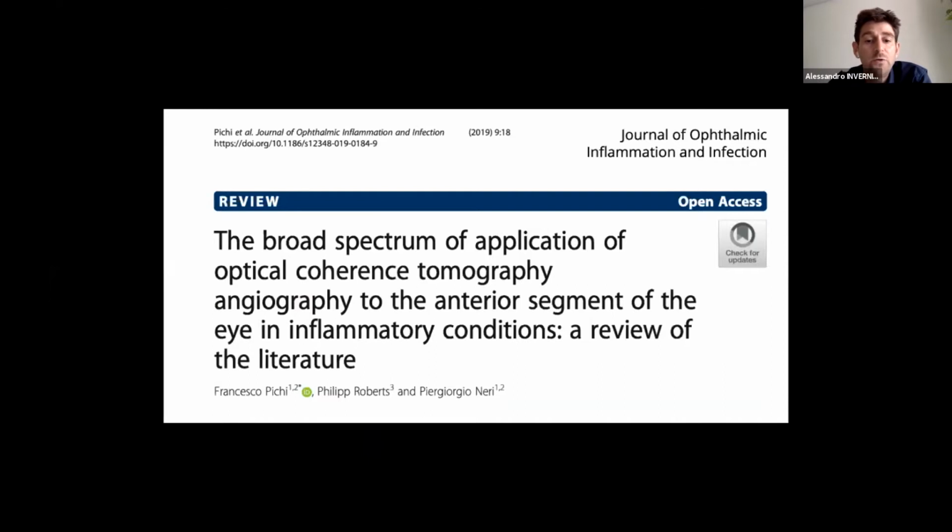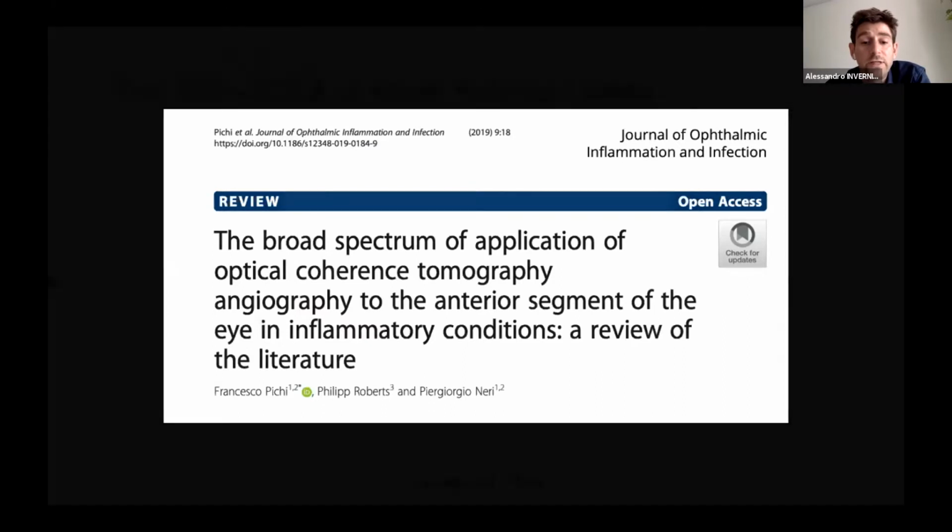And in this beautiful review from Francesco and others, you see that OCTA can be applied to several conditions of inflammatory disease in the anterior chamber of the eye.